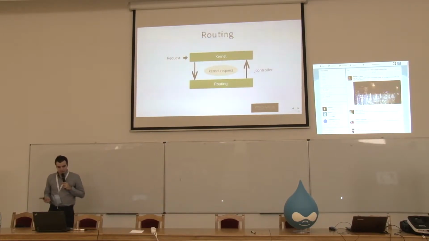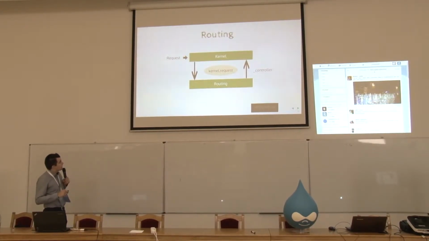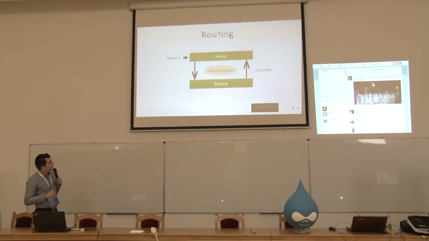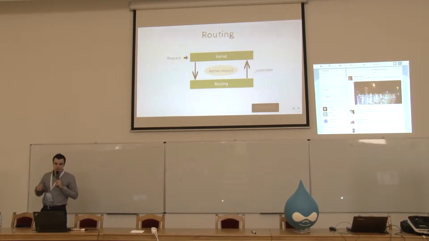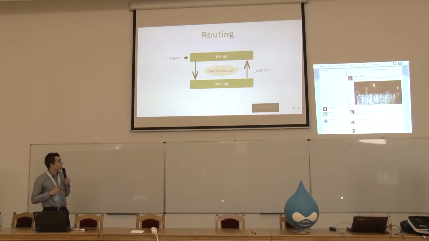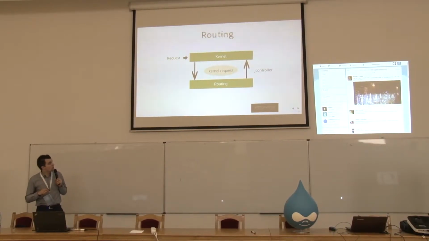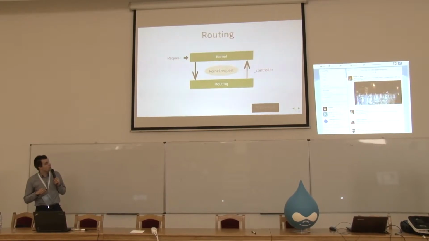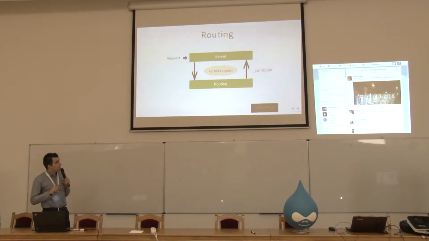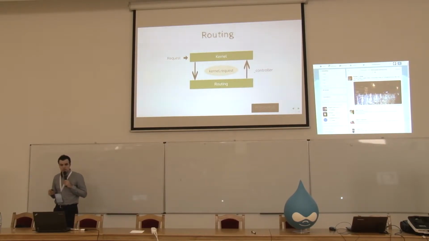So how this happens is when a request comes into the kernel, it dispatches the kernel request event, for which the routing component has a listener, and it loads the configuration, or it searches through its configuration to see if for this particular request it has a setting, and if it matches it, it sets the controller parameter on the request. And from this on, the kernel handles the rest.